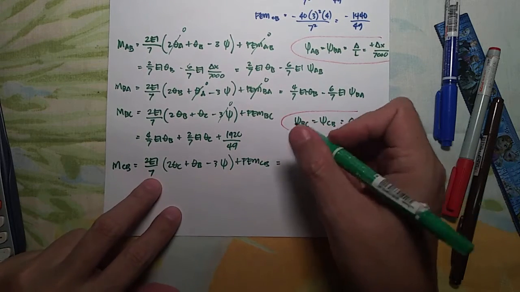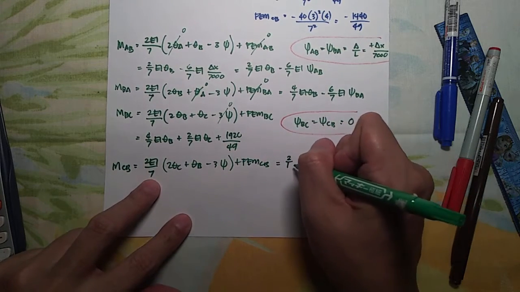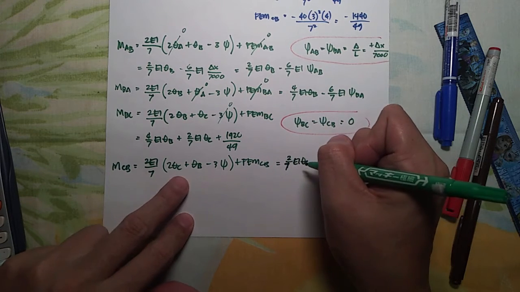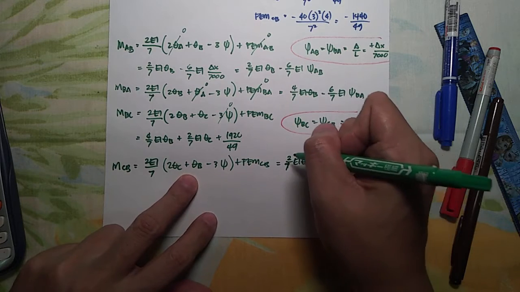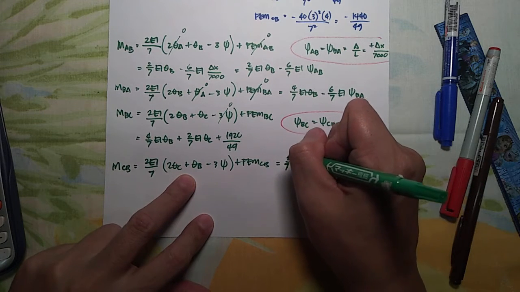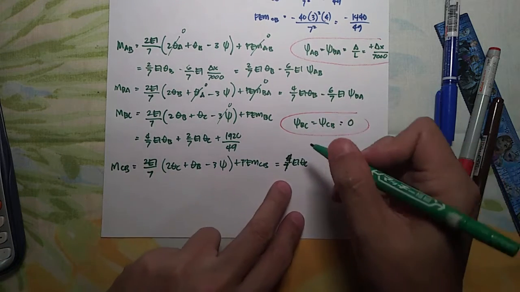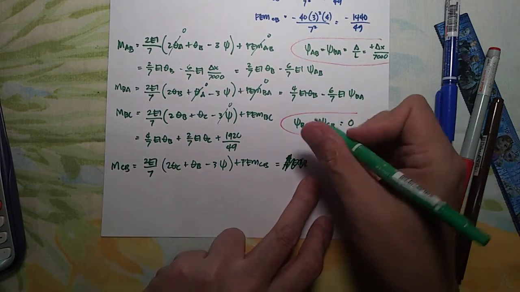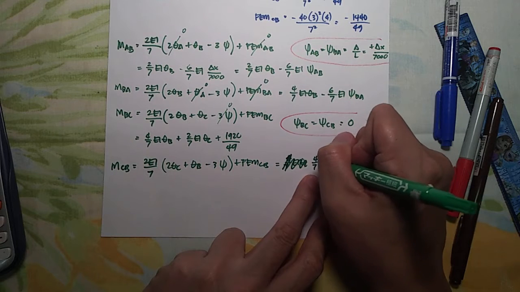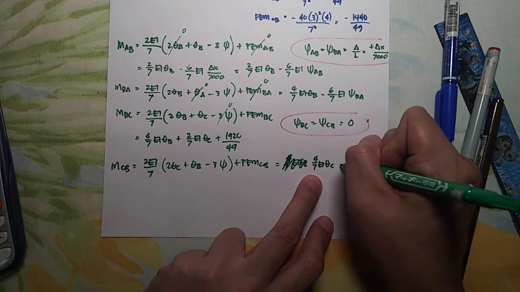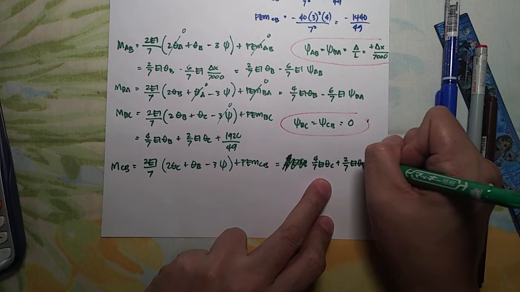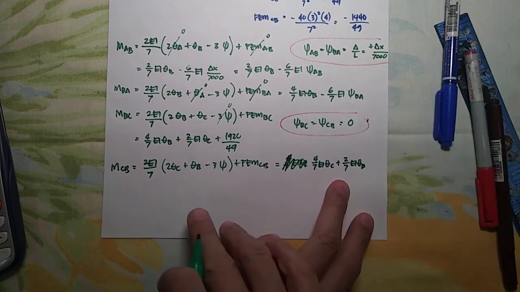This would be 2 over 7 EI theta C. Oh, sorry, 4 over 7 again. So 2 times 2 is 4. 4 over 7 EI theta C plus 2 over 7 EI theta B.